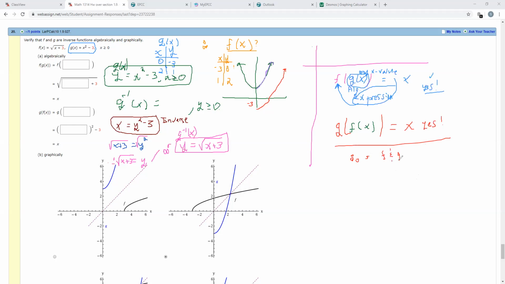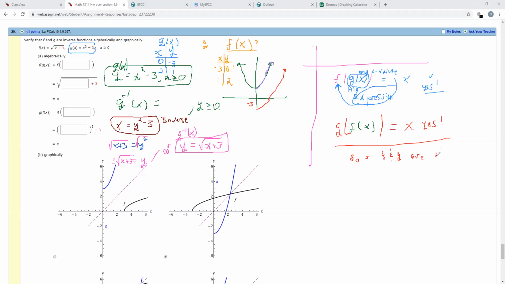It seems a little magical when you just use any x value. But I did show you in the part 1 video that if you pick a numerical x value, that also works. But the general proof is to do it for any x value, which really means every x value in the domain of whichever one you pick first.